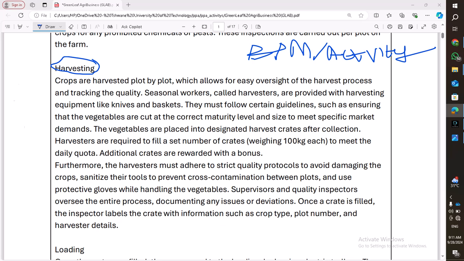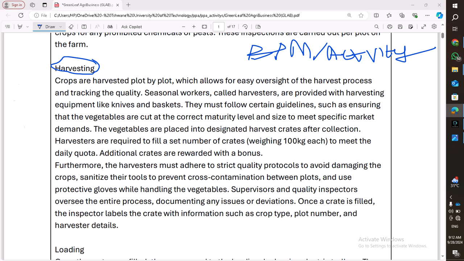So let me stop explaining too much. First, I'm reading with you. The crops are harvested pod by pod. When reading, make sure you create the scenario in your head. Harvesting pod by pod allows for easier oversight of the harvest process and tracking of quality. Specifically, workers called harvesters are provided with harvesting equipment like knives and baskets.